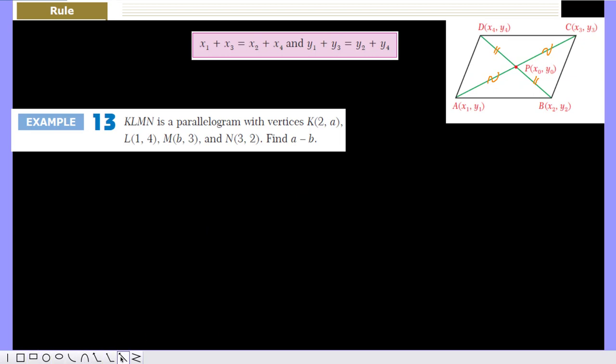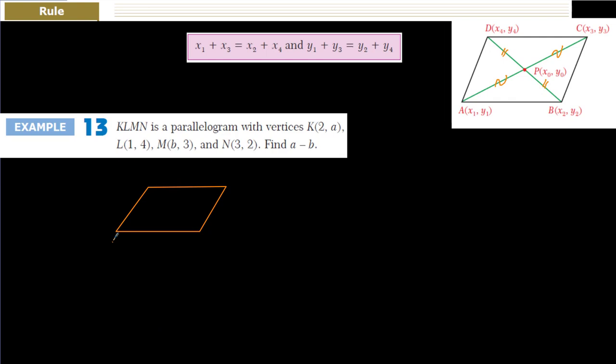First of all I'm going to draw the parallelogram, and then name the vertices. Let's say this is our parallelogram, and K, L, M, and N are written here.